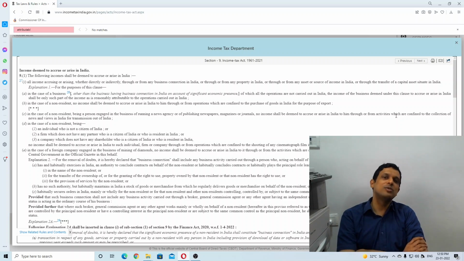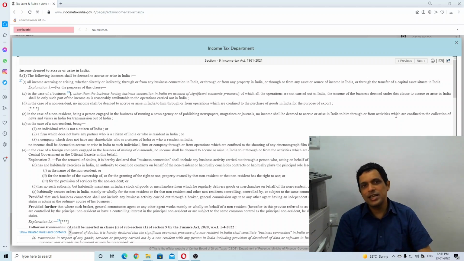Given that the foreign commission agent does not have operations in India, we are assuming that he does not have an office here or anything, and in this Italian case, for example, he's an Italian agent who is registered in Italy. He has no business operations in India. So the commission agent payments made by an Indian textile company to sell their goods in Italy to an Italian commission agent is not taxable in India under 9.1.1 read with Explanation 1A.